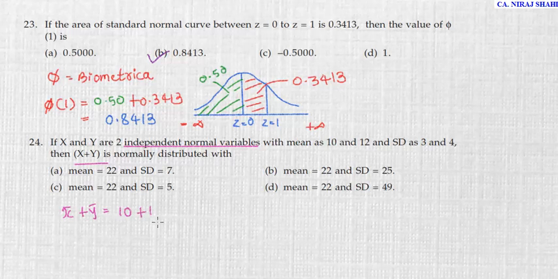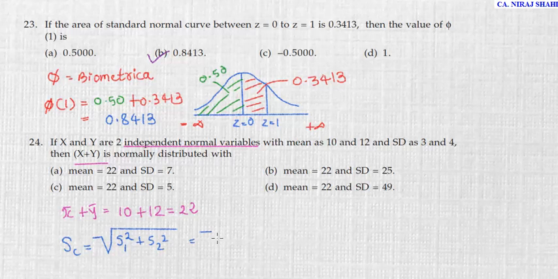So 10 plus 12 is equal to 22, and the formula to find out the combined standard deviation, say SC, is equal to under root S1 square plus S2 square.